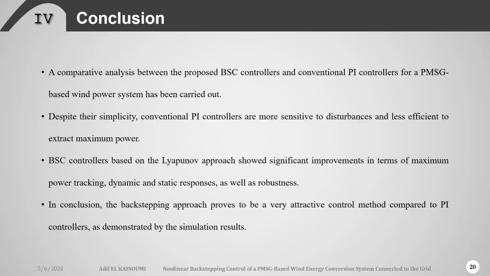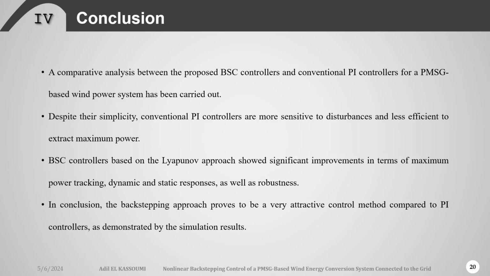Conclusion. A comparative analysis between the proposed backstepping controllers and conventional PI controllers for a PMSG-based wind power system has been carried out. Despite their simplicity, conventional PI controllers are more sensitive to disturbances and less efficient at extracting maximum power.